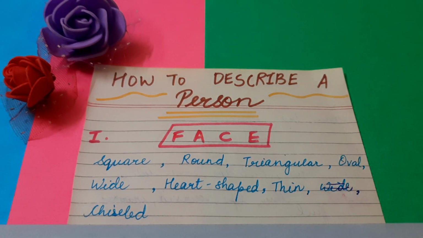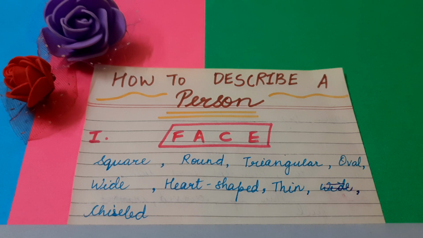First of all comes our face. We'll be learning how to describe the face. For the face, we can say the face can be square, round, triangular, oval, wide, heart-shaped, thin, or chiseled. If you don't know what chisel means, a chisel is a tool used for sharpening things, so it has a particular kind of shape.